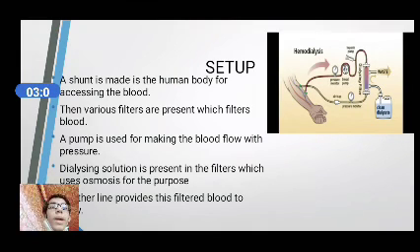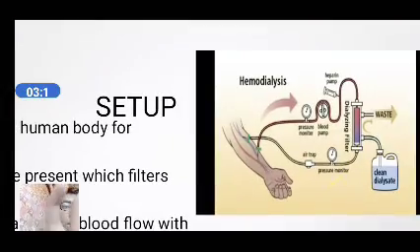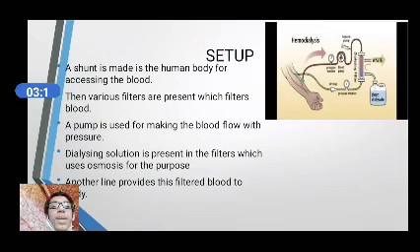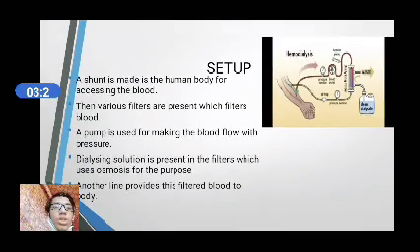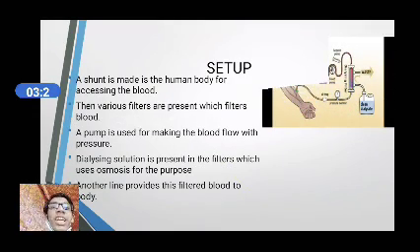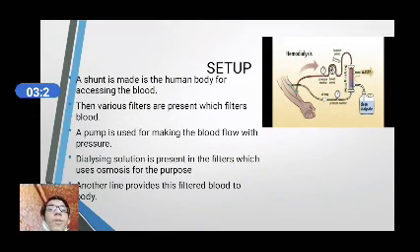A pump is used for making the blood flow with pressure. We know that for making the blood flow, there should be a pump. Then dialysing solution is present in the filters, which uses osmosis for the purpose. Then another line provides this filtered blood to the body.